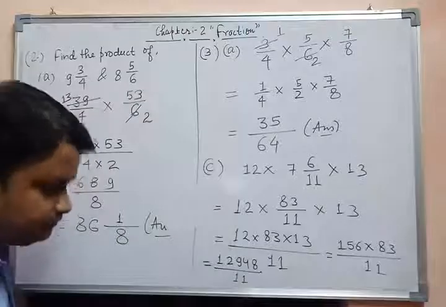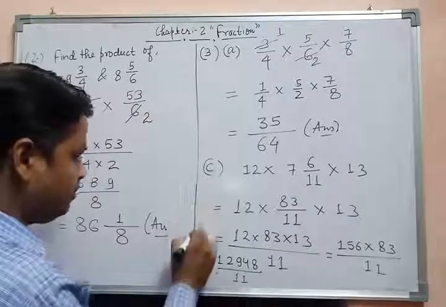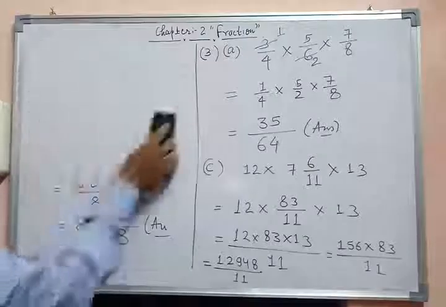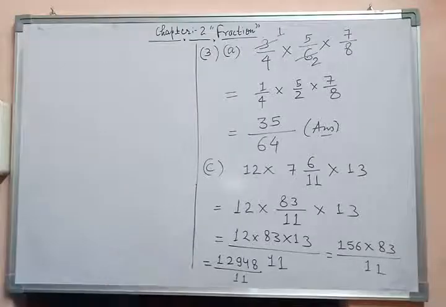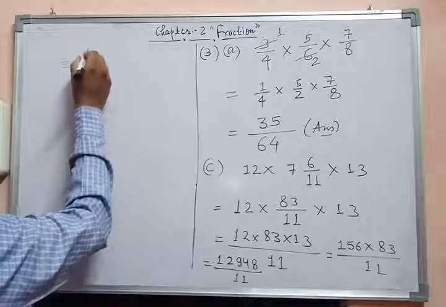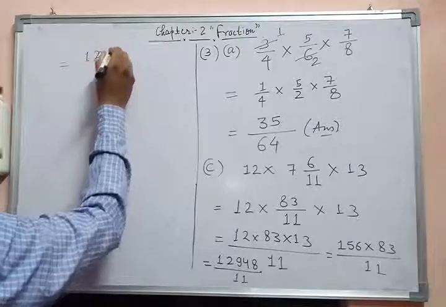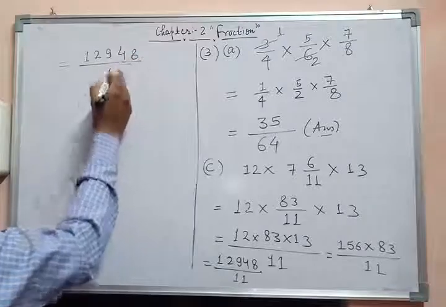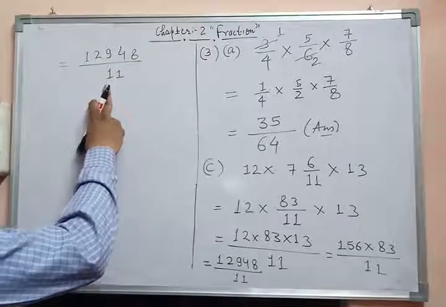12,948 upon 11. But this is an improper fraction. It means 12,948 upon 11 is not your final answer.